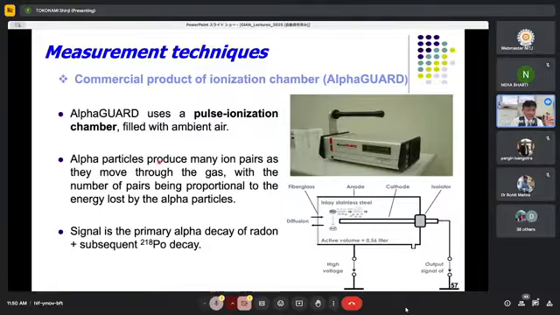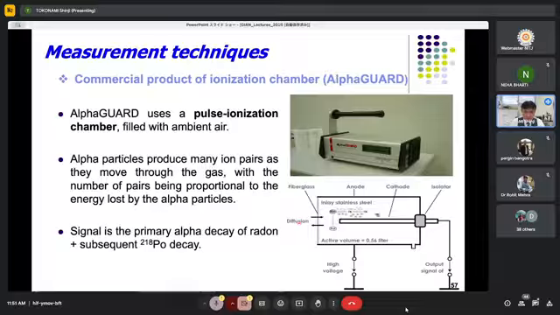Here's AlphaGUARD. Alpha particles produce many ion pairs as they move through the gas, with the number of pairs being proportional to the energy lost by the alpha particles. Signals the primary alpha decay of radon plus subsequent polonium-218 decay.